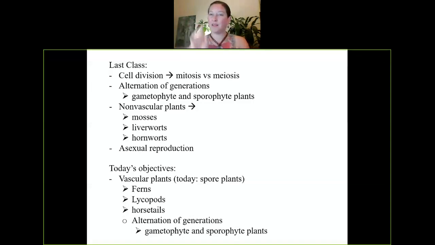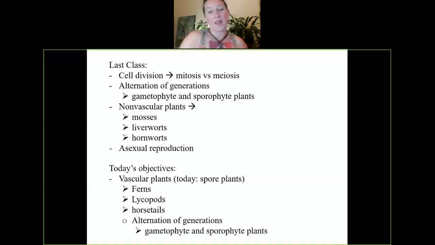In the syllabus, and I think even in the lab itself, it uses the term ferns and fern allies, or the relatives of ferns. Well, not really. Ferns, lycopods, and horsetails, it's more like ferns and friends, because they're not really related. They used to be kind of lumped together because they all shed spores, but they are 3 separate lineages. We're going to talk about them today.